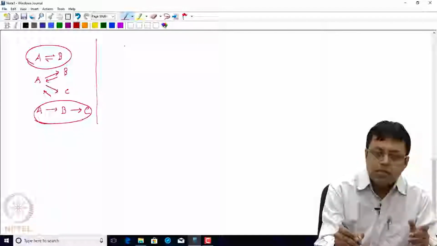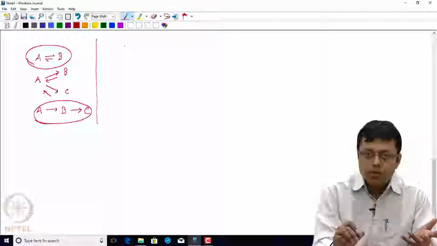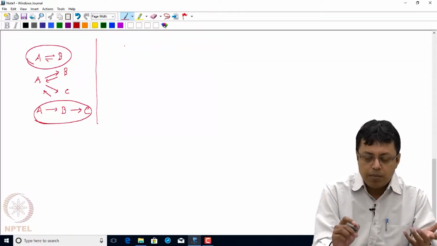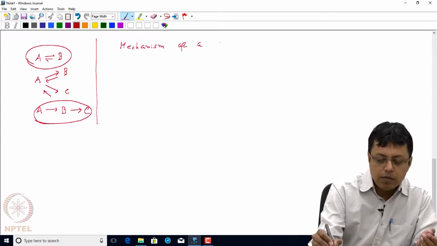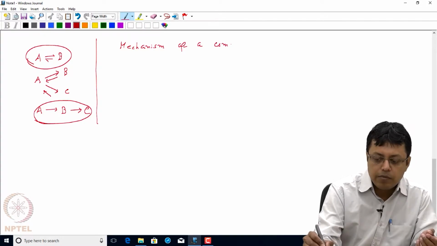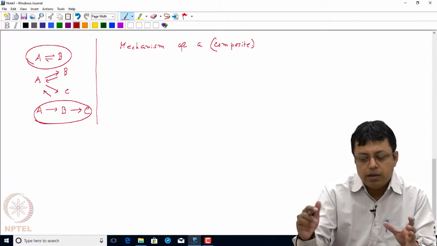So let us first give you an example of how one should proceed with this problem, which is known as the mechanism of a chemical reaction, the mechanism of a composite chemical reaction. So the entire idea is that any composite reaction can be decomposed into a bunch of elementary reactions.